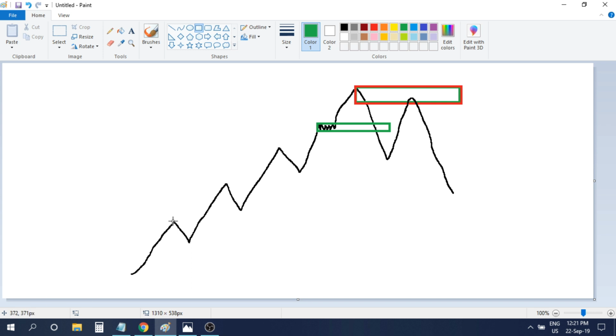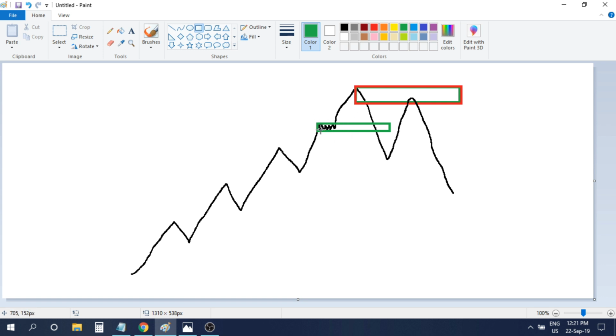Here we have price moving up consistently in a direction, and it creates something called a rally base rally, which we already know. This could also be a pole and a flag in terms of traditional technical analysis.